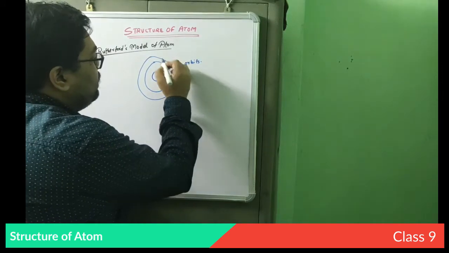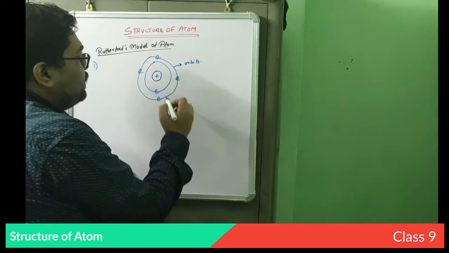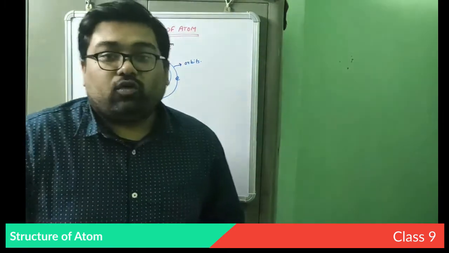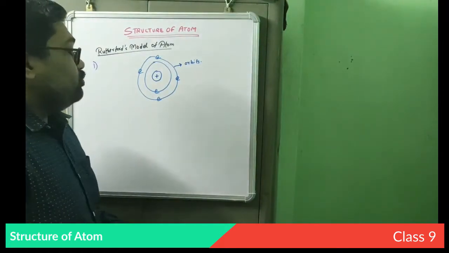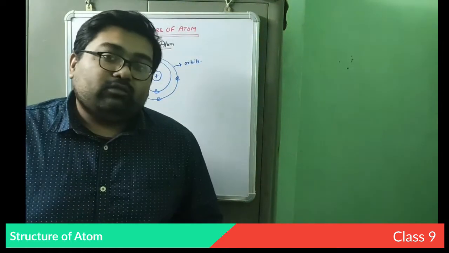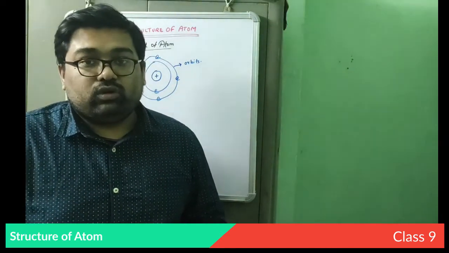That is, the electrons revolve around the nucleus in these orbits, right? And he also said that an atom is electrically neutral. Why is the atom electrically neutral?